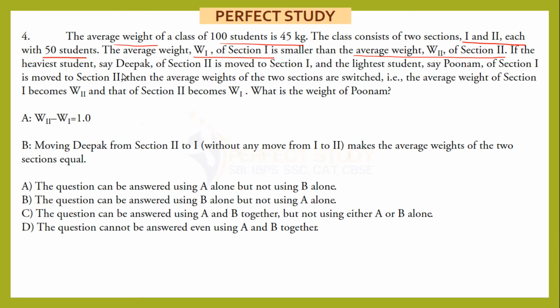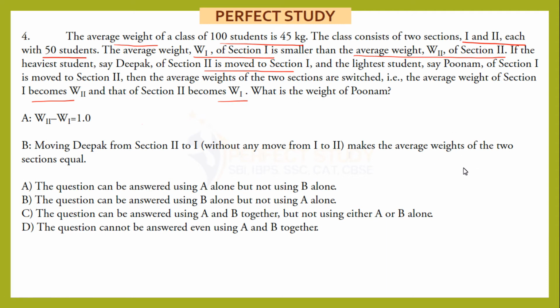If the heaviest student, say Deepak, of section 2 is moved to section 1 and the lightest student, say Poonam, of section 1 is moved to section 2, then the average weights of the two sections are switched. That is, the average weight of section 1 becomes W2 and that of section 2 becomes W1. What is the weight of Poonam?